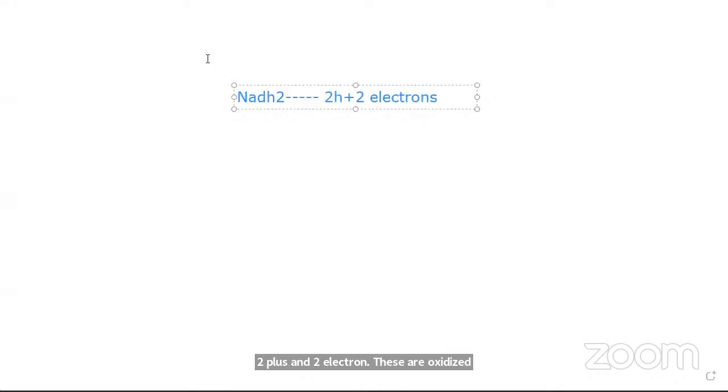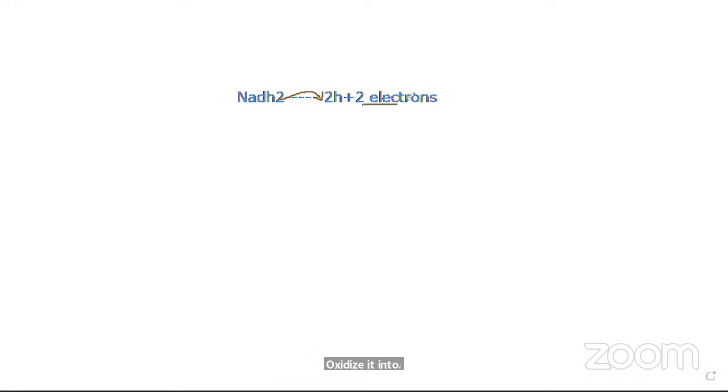NADH2 is oxidized into 2H plus and 2 electrons. Likewise FADH2 is oxidized into 2H plus and 2 electrons.